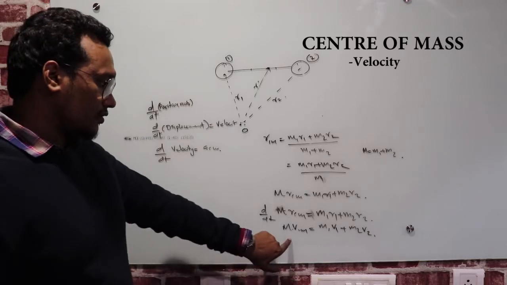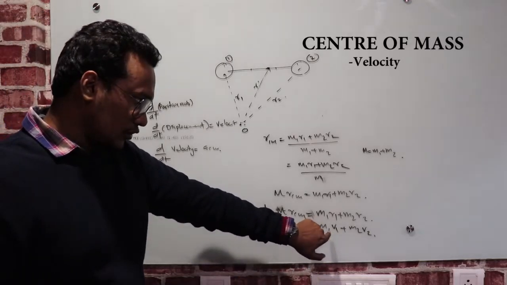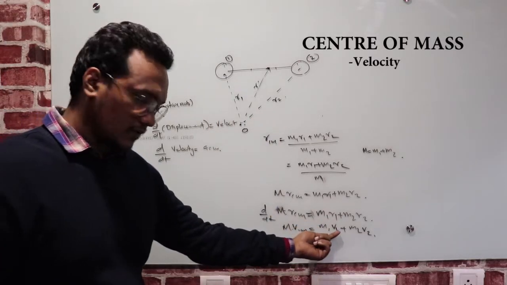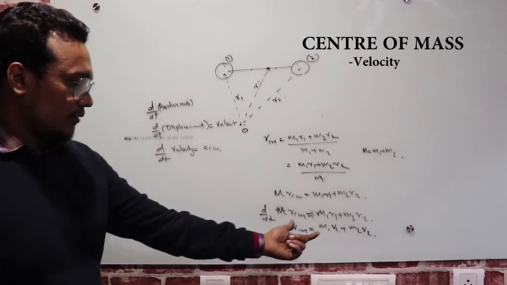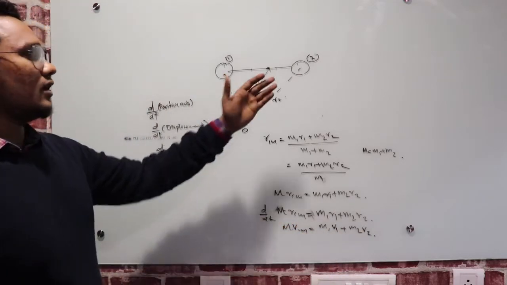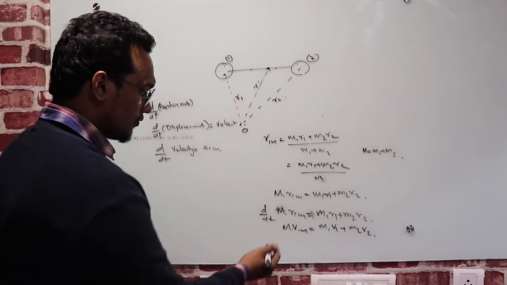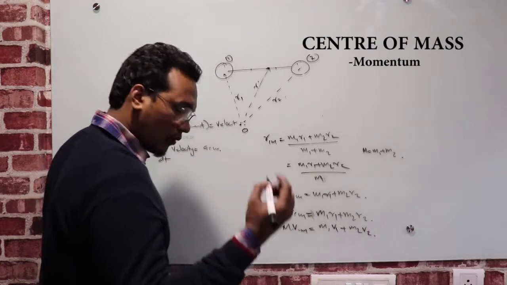So mass into velocity of center of mass is equal to the sum of the products of individual masses and the velocity of the individual masses. See, what is mv, mass into velocity? That is nothing but momentum.